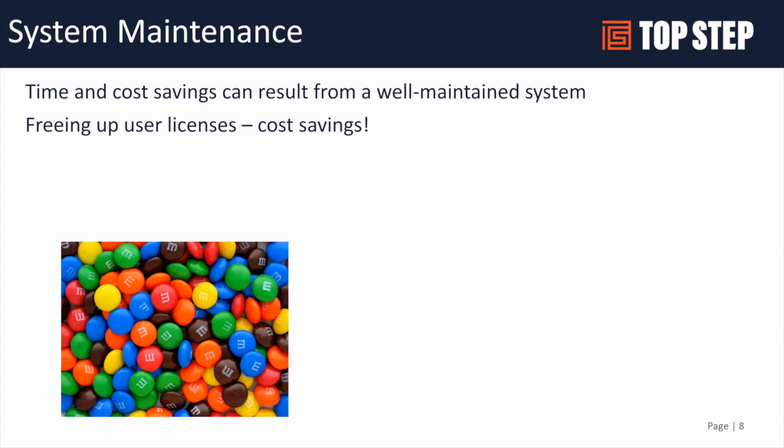And then you go to add a new employee and you don't have enough user licenses, so you've got to add more, right? Making sure you're auditing your user licenses, that you actually have the right amount applied to the active users, and the inactive users have been turned off. Having a process around that, having a periodic review of that will save you money. You won't have to buy new licenses. There won't be a delay in being able to bring folks into the system. So that's one example where system maintenance can be a big help.